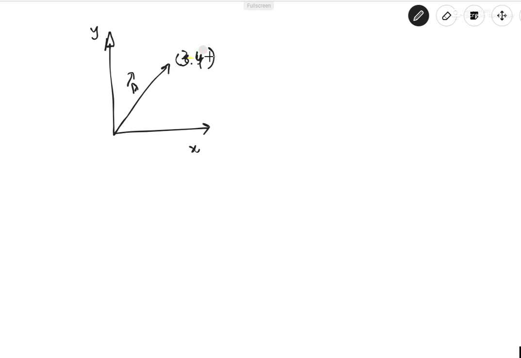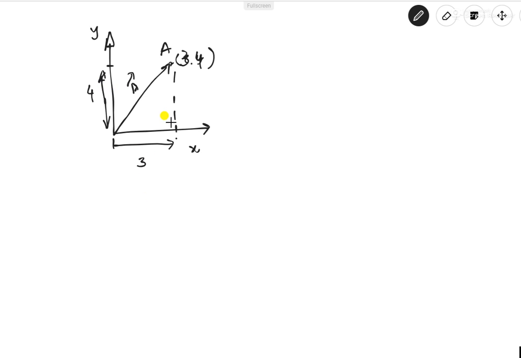We draw a line here, and this is equal to 3 and this is equal to 4.